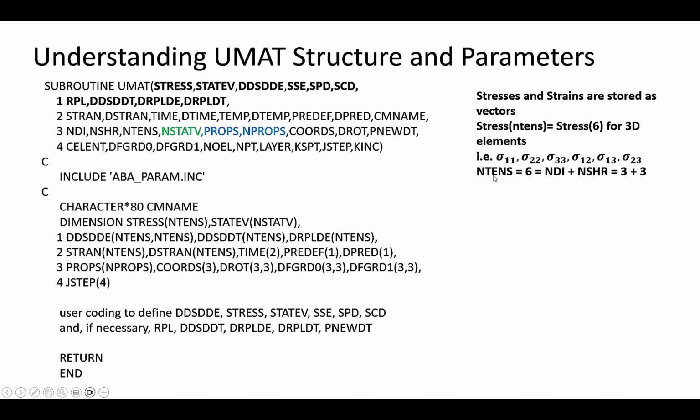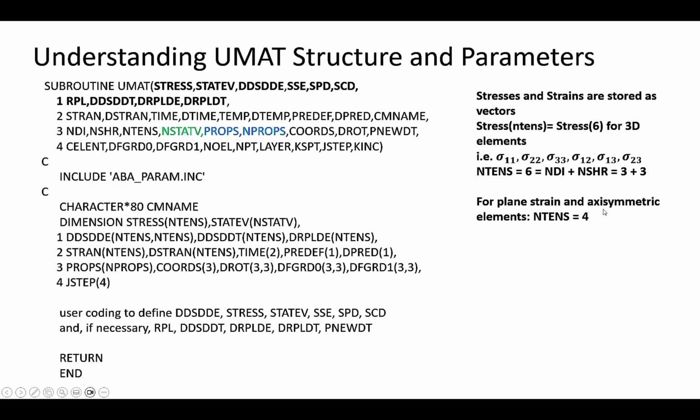Similarly, this means NTENS, which describes the size of the array of a stress or strain tensor or vector, is 6 for 3D elements, and this means there will be 3 direct components, 11, 22 and 33, and then 3 shear components, and that's why you have 3 plus 3 equals 6. So for all the 3D elements in the UMAT, this NTENS variable will be 6, which means 3 direct components and 3 shear components.